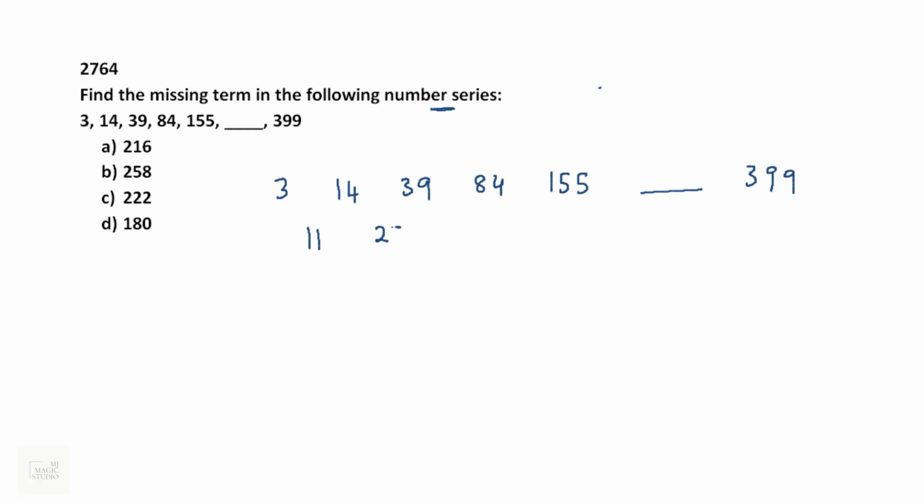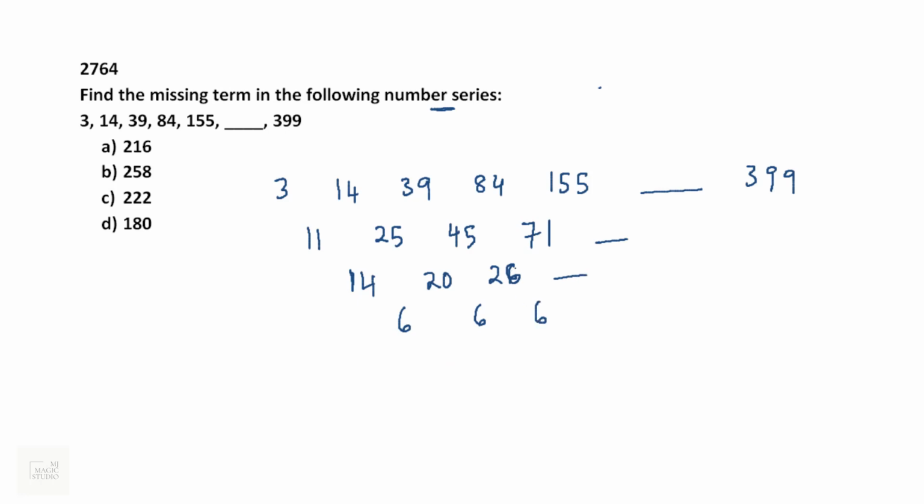This is 25. 84, 44, 45. And 16, 521, 71. Now the difference between the difference is 14, 20, 26, and here we can see that the differences is moving in 6.